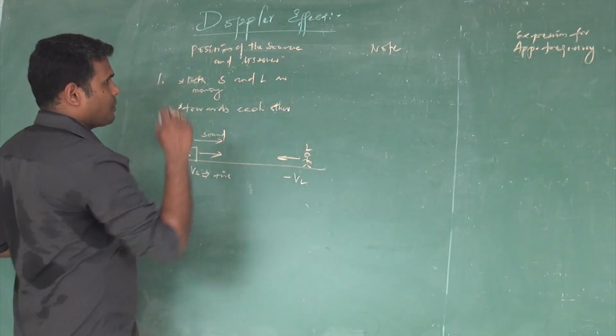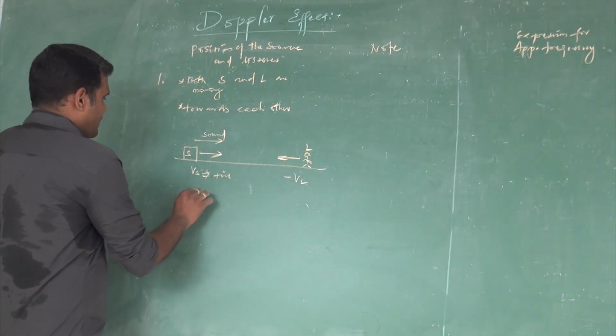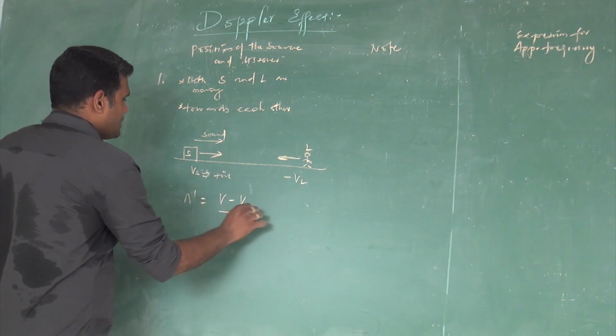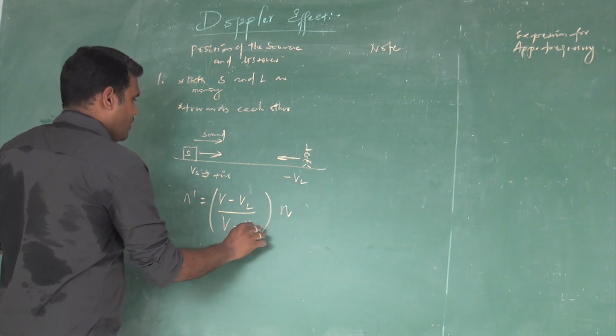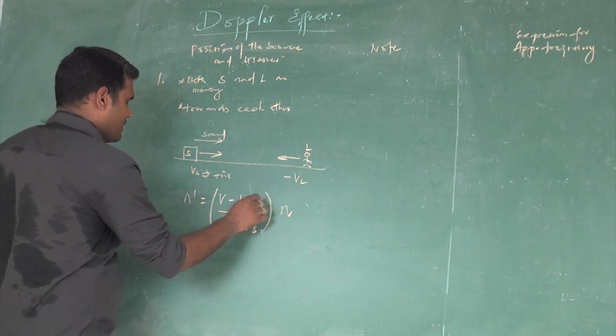I am using the general expression there, which is n prime is equal to V minus VL divided by V minus Vs into n. Now I have to apply sign convention in this particular case.